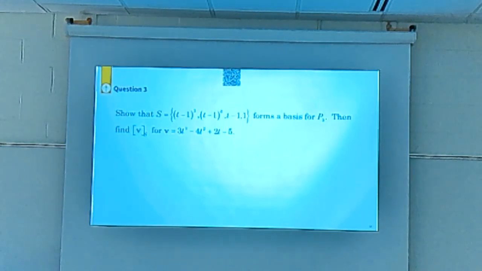It's the vector space of all polynomials of degree 3 or less. What's the dimension of P3? And how did you get 3?